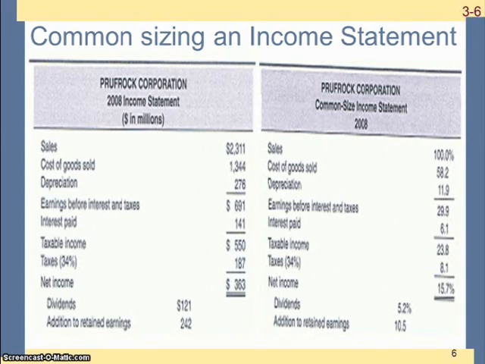Example, interest paid is 6.1%. That is, interest paid of 141 divided by total sales of 2311. The same applies to other percentages in the income statement that you can see on your right hand side.